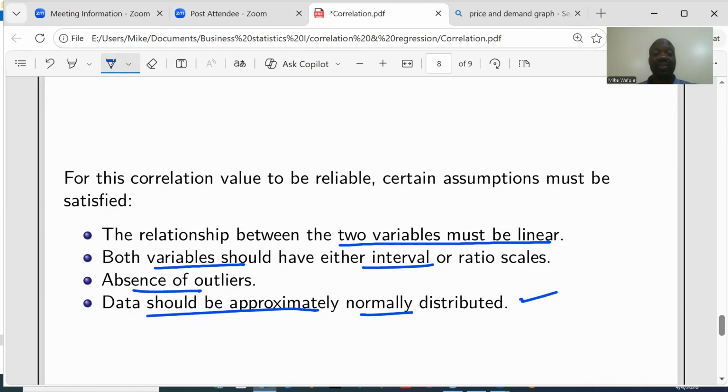So it is an important concept that we really need to understand. In case these assumptions are violated, we resort to the Spearman rank correlation coefficient, which we shall discuss in another video. Thank you so much.